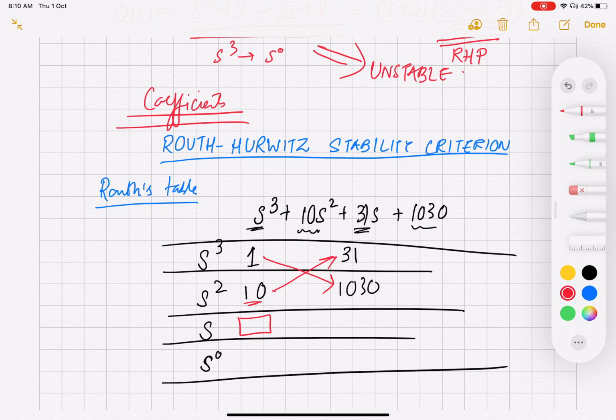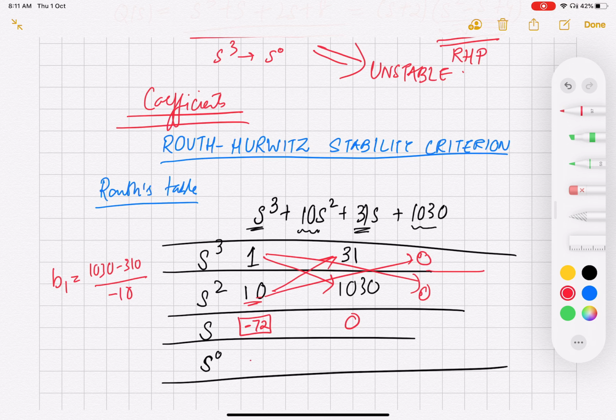So this term here, B1, is going to be 1030 minus 310 divided by minus 10, right? Which gives me minus 72. And here, since the rest of the entries are assumed to be 0, I'll get a 0 term here, because 1 into 0 minus 10 into 0 divided by 10 would give me a 0 determinant.